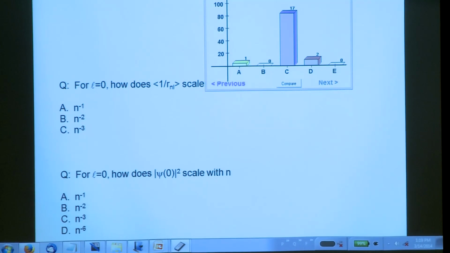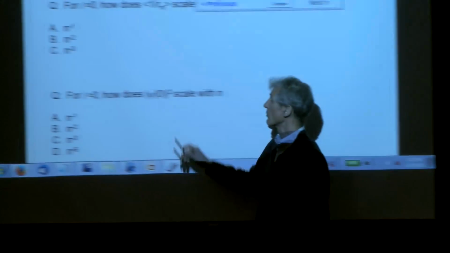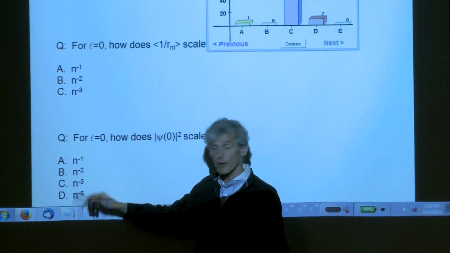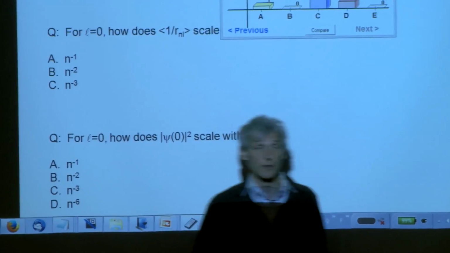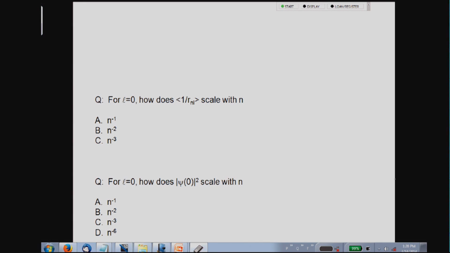We discussed that there are two different length scales in the hydrogen atom and in hydrogenic wave functions. One scales with n squared, and the other one scales with n, and therefore the density at the origin is n to the minus 3. Good.